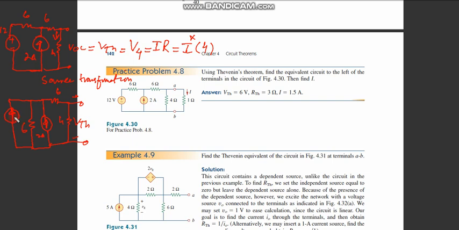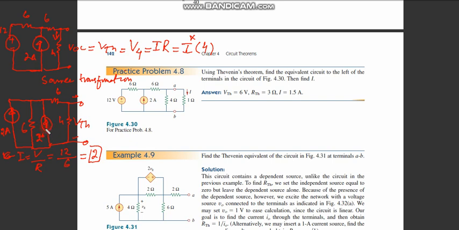From Ohm's law, I equals V divided by R. V over here is 12 and R is 6, so this is 2. So this is also a 2 ampere source, and it was also a 2 ampere source from here.